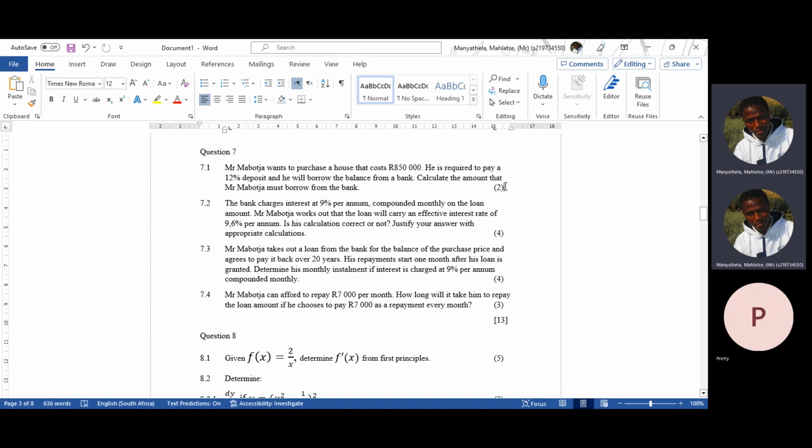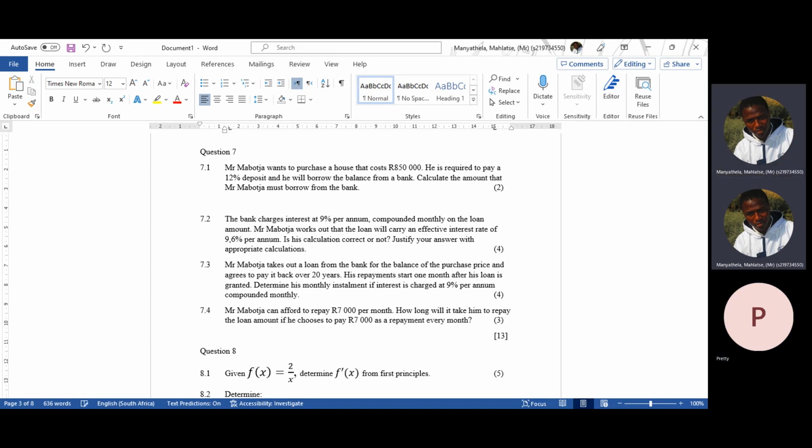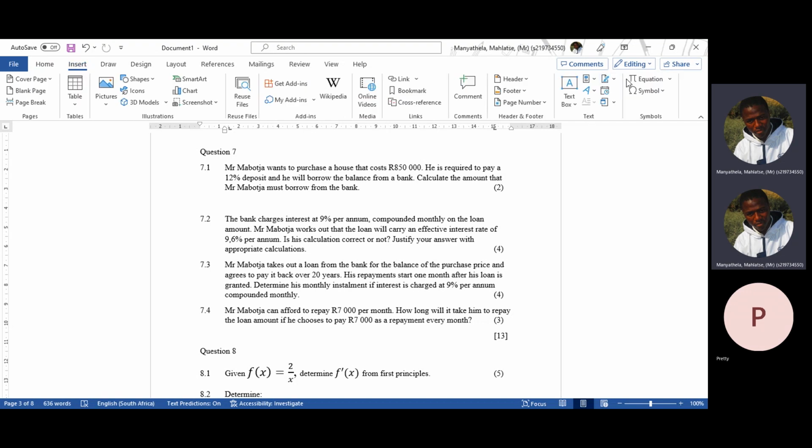So here's the question. Mr. Mabucha wants to purchase a house that costs 850,000. He is required to pay a 12% deposit and he will borrow the balance from a bank. Calculate the amount that Mr. Mabucha must borrow from the bank.